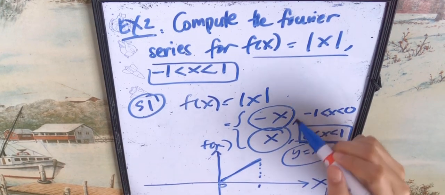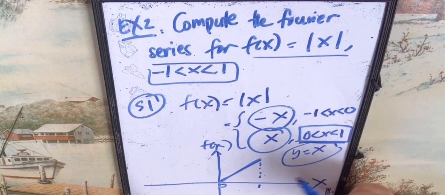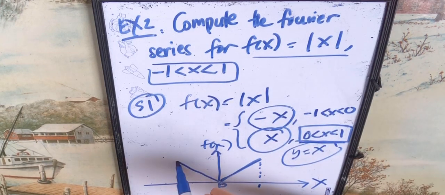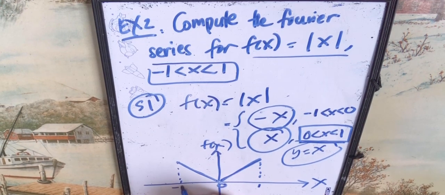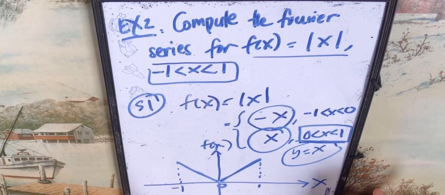How about negative x? If x goes upwards, negative x will go downwards. It still starts from 0 and it will end at -1. So this is what the graph of modulus x looks like. Now, based on this graph, can you conclude whether this function is odd or even?